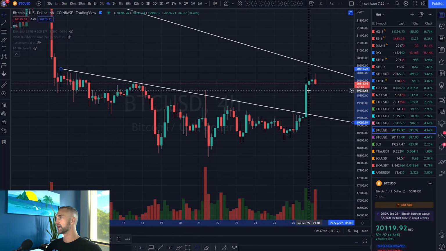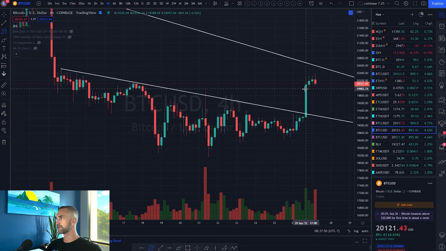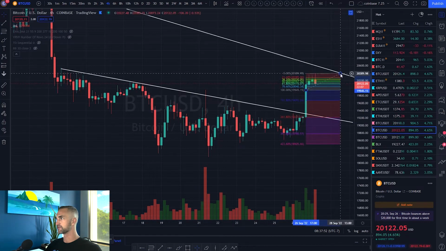If we do have a closure below this wick, I'll use a fib actually to get a measured move. That gets you down to 19.7. And if we start to close back below that region, I would call this a full-blown failed rally for Bitcoin.